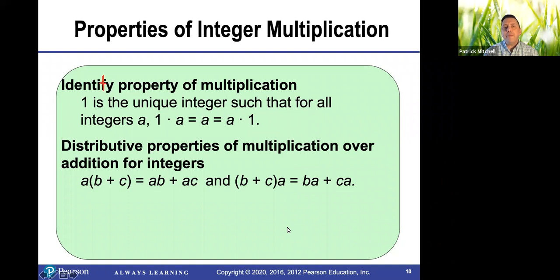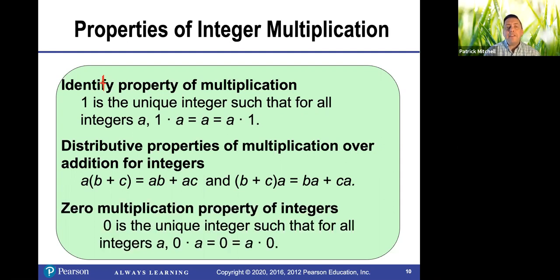The distributive property of multiplication over addition holds for integers, just like it did for whole numbers. And the zero multiplication property holds for integers. 0 is the unique integer, such that for all integers A, 0 times A and A times 0 are both 0.